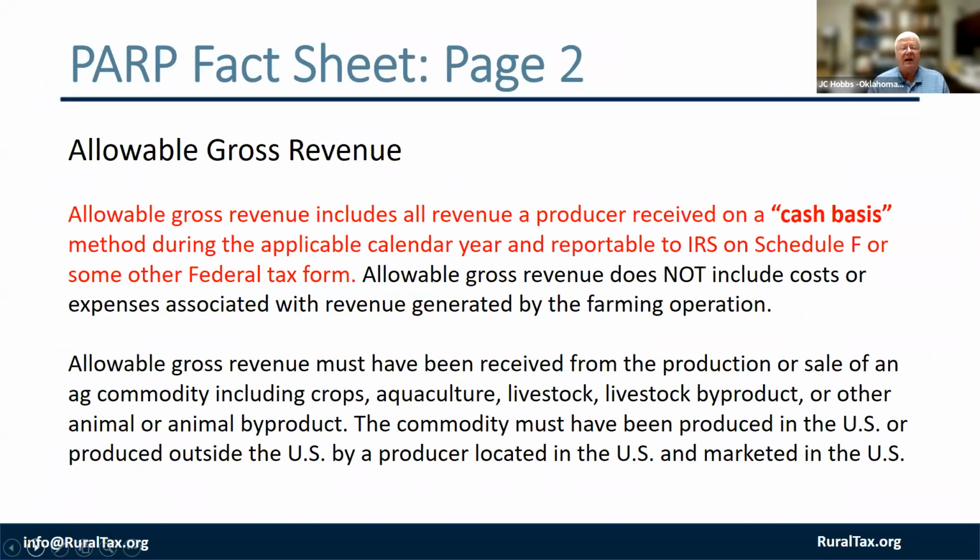So the cash basis, this is the reason that I pulled all that out. If you look at the PARP fact sheet on page 2, the very last section that's written in there talks about allowable gross revenue. And it basically states it's all revenue a producer received on a cash basis method.